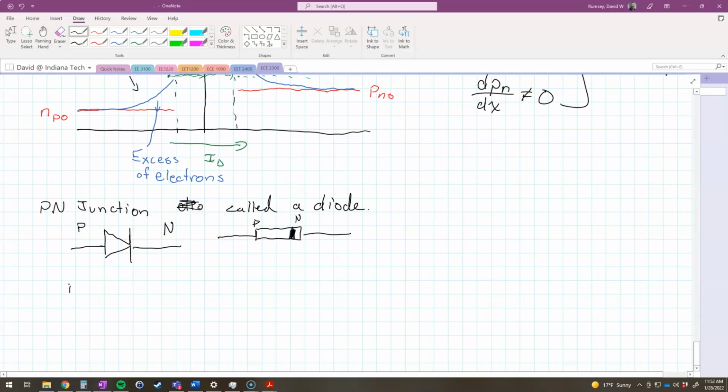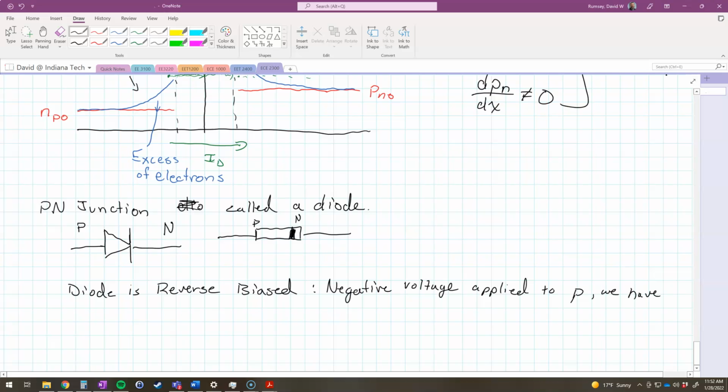Because if the diode is reverse biased, this means negative voltage applied to P, we have no current flow.